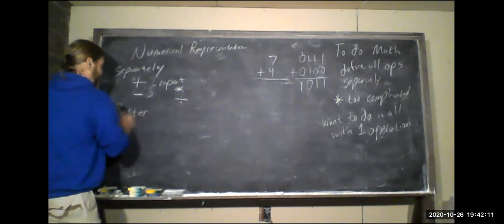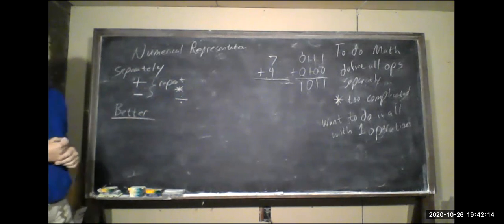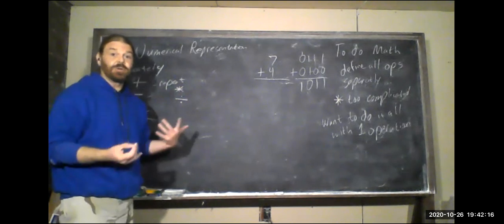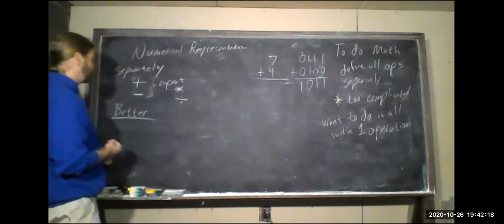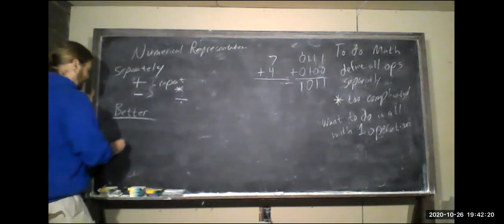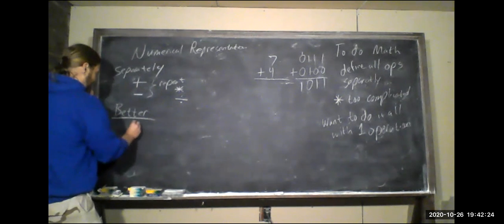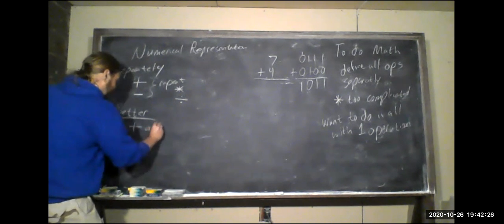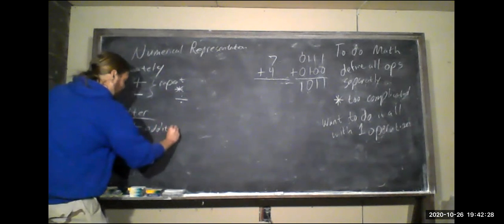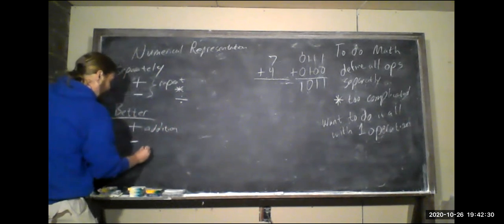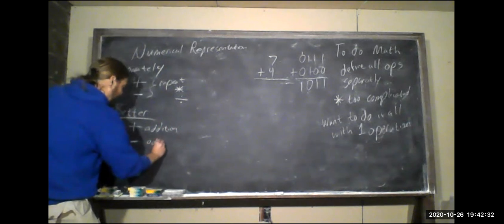Somewhere in a math class along the way, you probably saw how we do that with just one operation. Instead of addition and subtraction separately, we have addition, but subtraction really means add the negative.